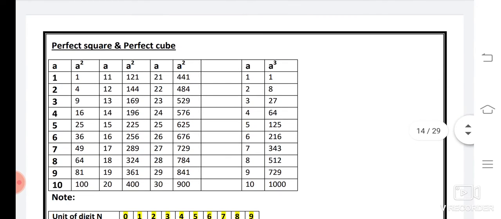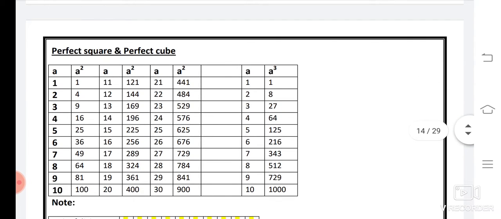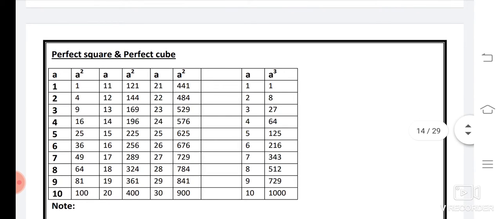Here we will learn perfect square and perfect cube. Perfect cube we will learn in the next semester. Now we will learn perfect square. From 1 to 20 you have to practice it. Here I have given 1 to 30. It is so easy.